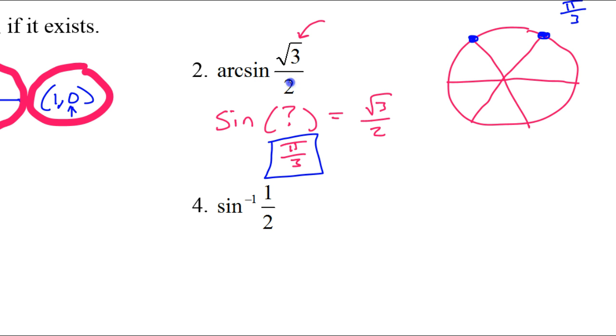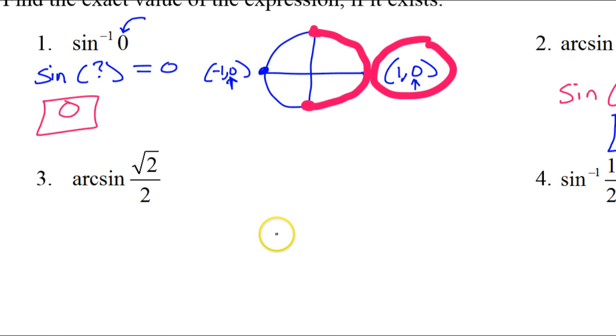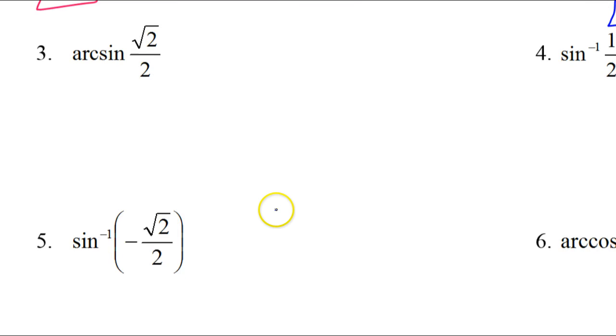It would even be positive radical 3 over 2, because sine is positive in both of these positions, as opposed to down here, which would be negative radical 3 over 2. So only the restriction that we placed on it narrowed it down to this choice instead of this other one that we normally would have. I'm not going to re-explain that every time, but I thought I'd just say that one more time.